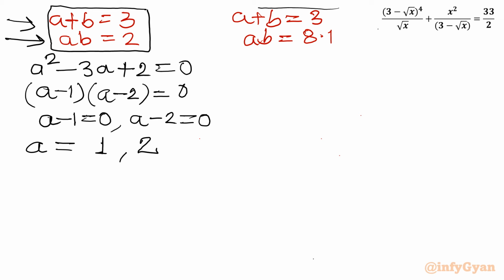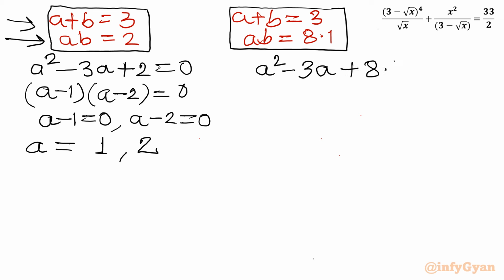Now come to this system. I will write the quadratic equation as A square minus sum of roots, so minus 3A, plus product of roots equal to 0. If I only check the discriminant, delta is equal to B square minus 4AC. So minus 3 square minus 4 times 8.1.